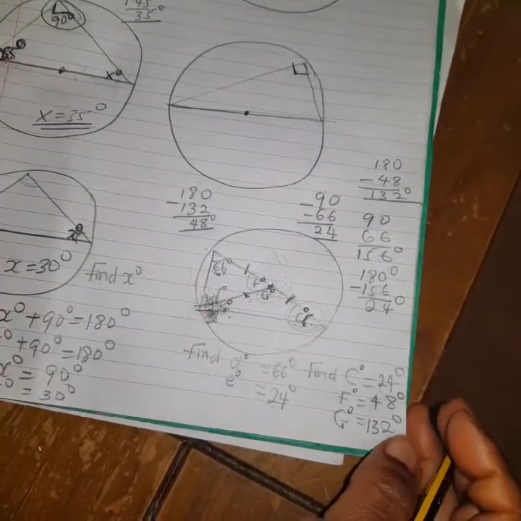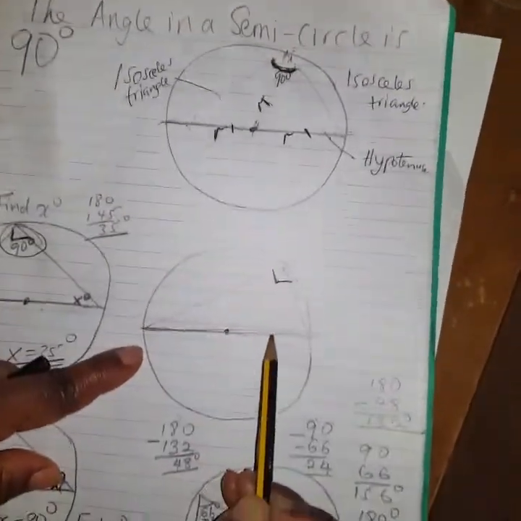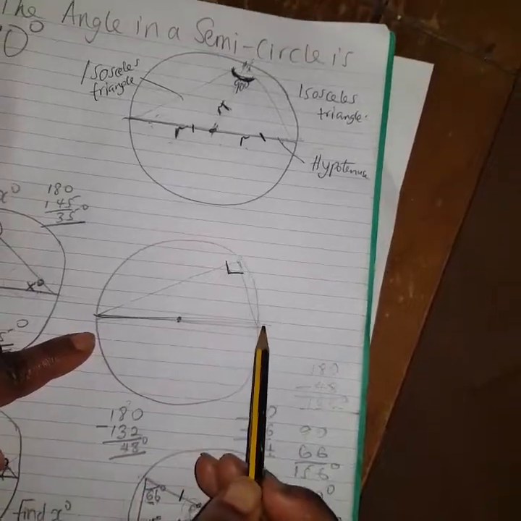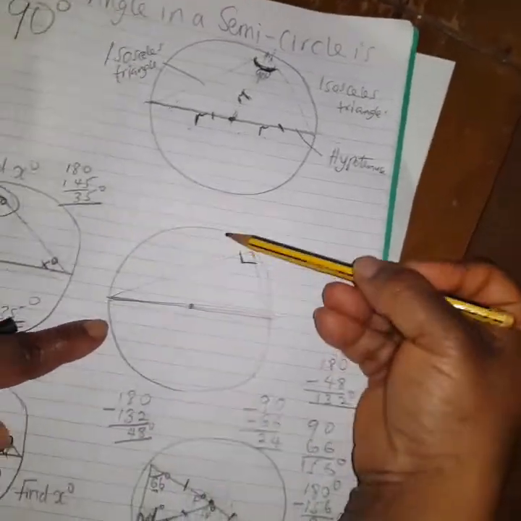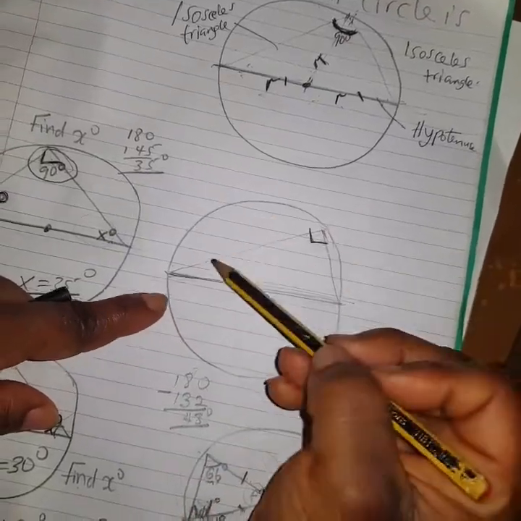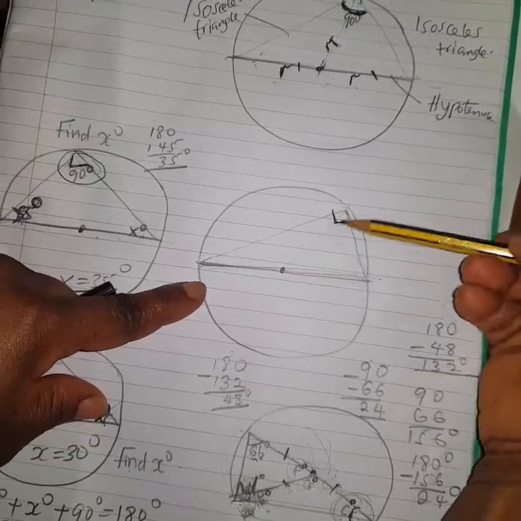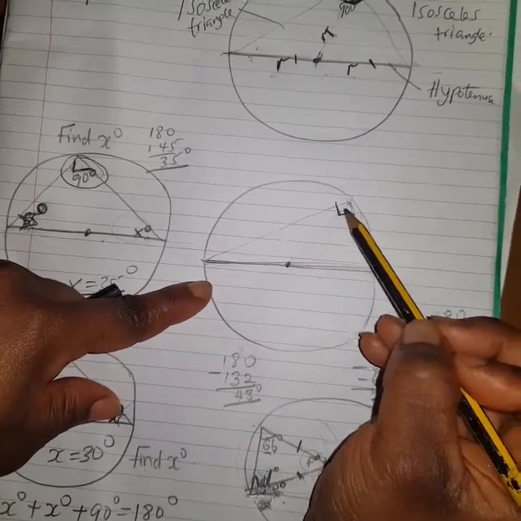So we're going to go back here. It's very important that you know that once your diameter has cut across the middle of your circle, it's changed the top and bottom into semicircles. Now, when you draw the triangle, whatever side is opposite the diameter is your 90 degrees.